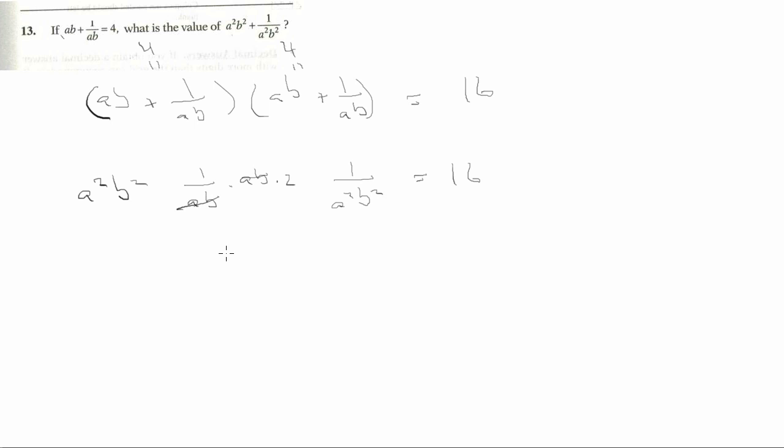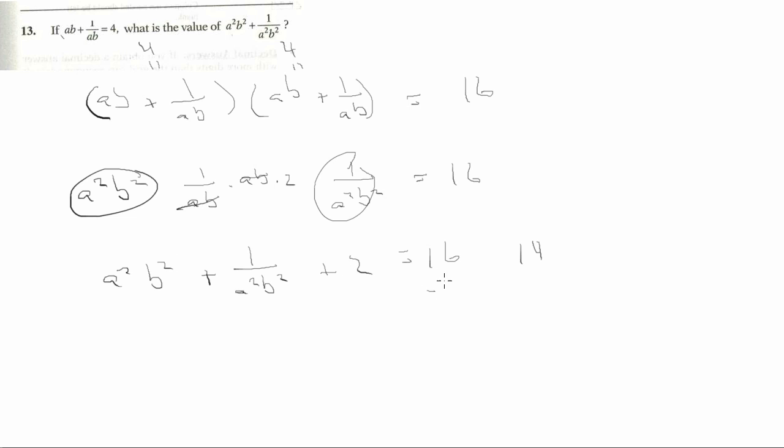So a squared b squared plus 1 over a squared b squared, so I'm taking this one and this one, plus 2 equals 16, which means that the final answer is 14, because I subtract the 2 from both sides to cancel that. And this here is what they're asking about in this problem.